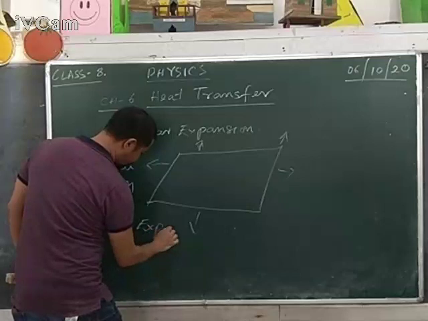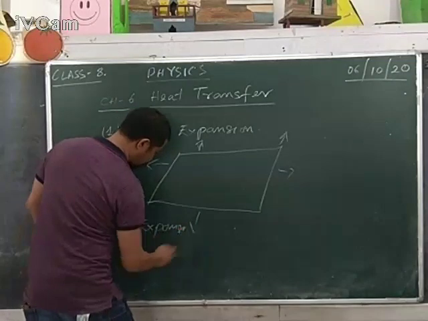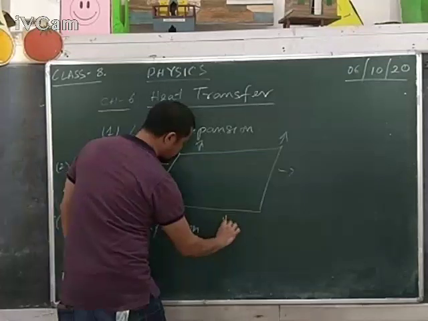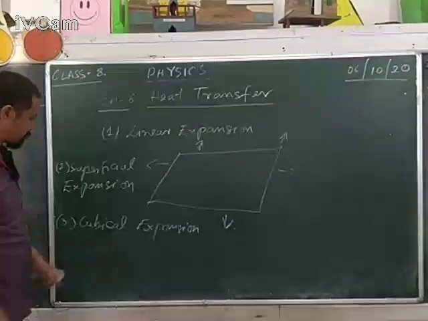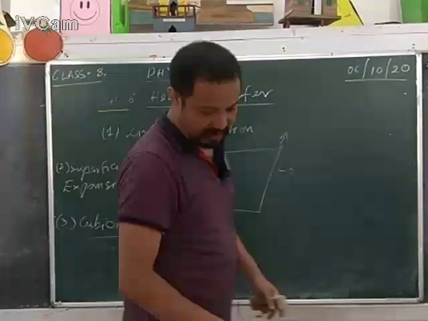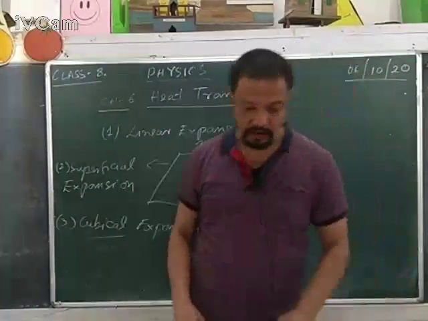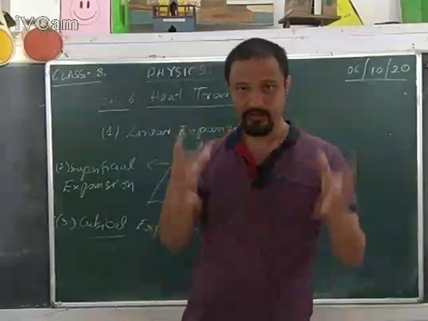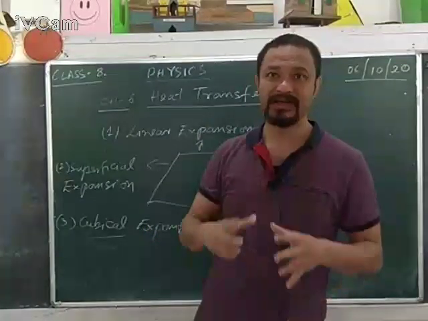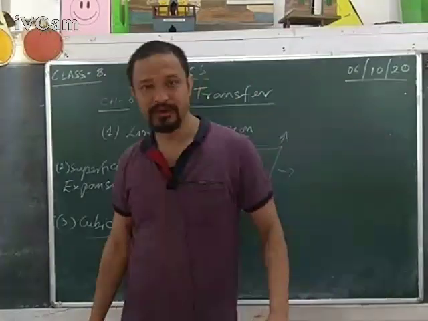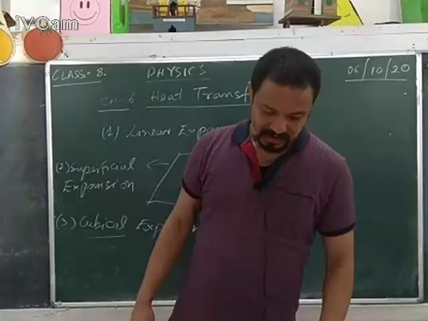The word itself, cubical, should give you a hint. Cubical expansion is the expansion in volume of a solid, liquid or gas. When the volume of a solid or liquid or gas becomes bigger or increases, it's called cubical expansion.